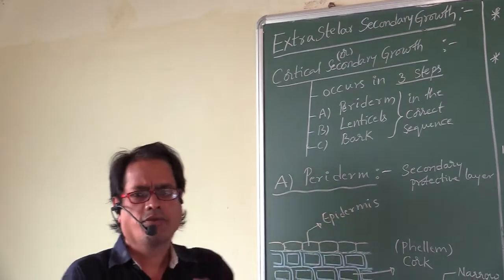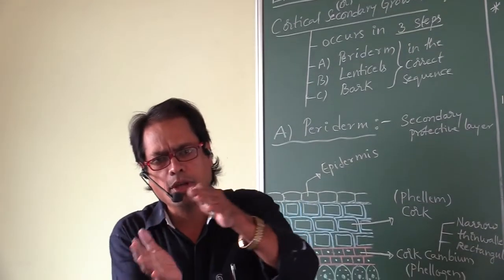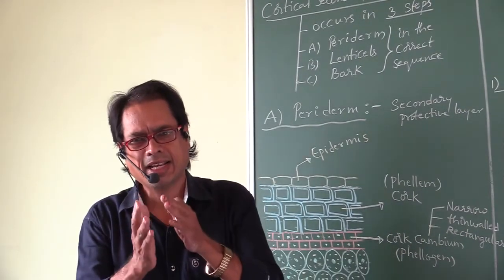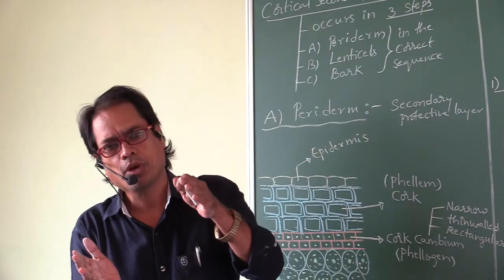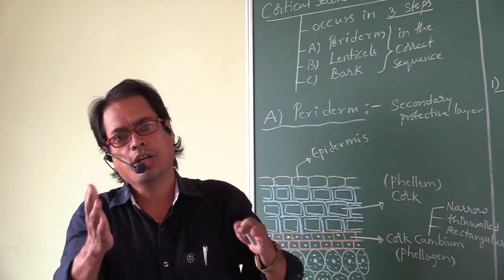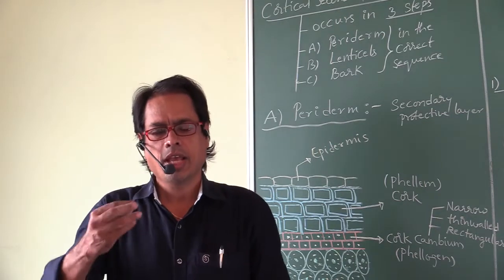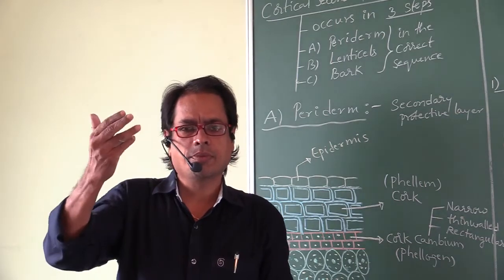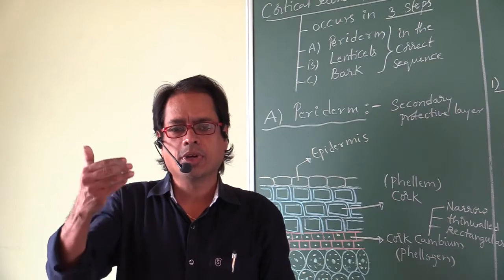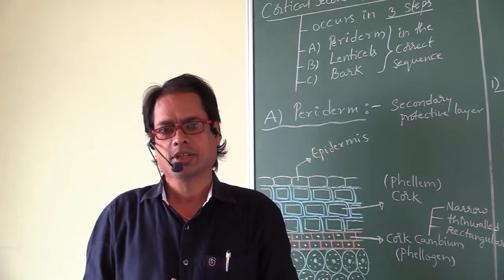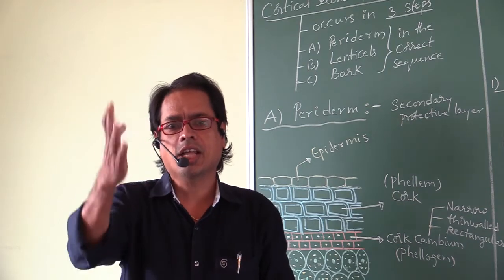When secondary xylem and secondary phloem are produced more and more continuously due to the activity of vascular cambium, a pressure will be built up in the cortex, especially the inner cortex.